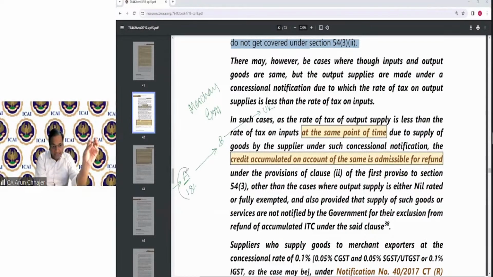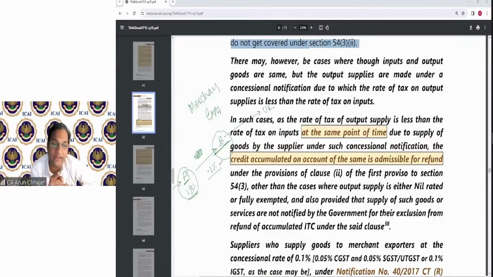A is purchasing at 18%. Uska ITC 18% ka hai, goods ka. When he is making the sale to B, he is charging at 0.1%. Now the question is, इसमें refund मिलेगा या नहीं मिलेगा? Will he get the refund or not?